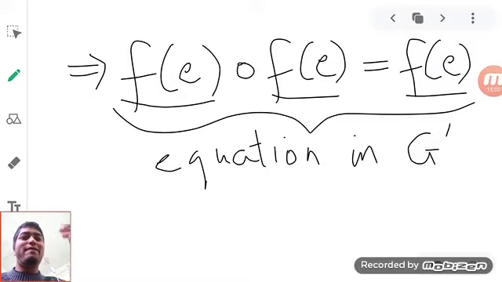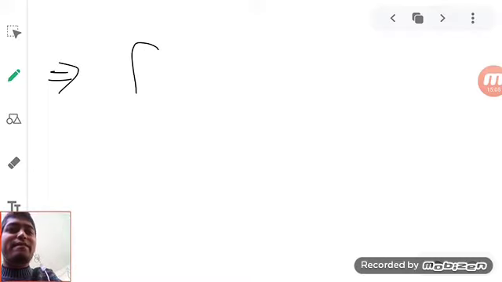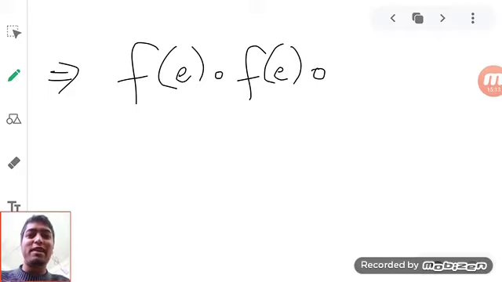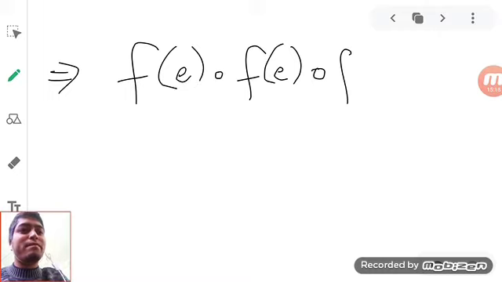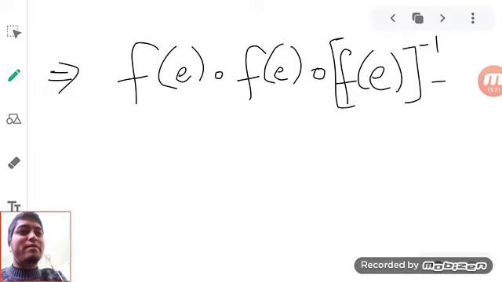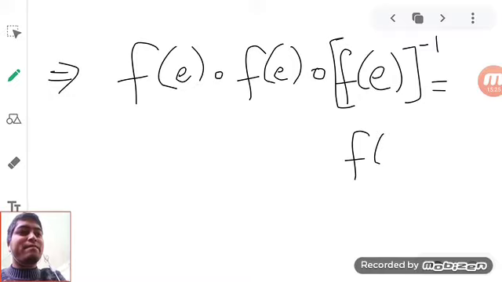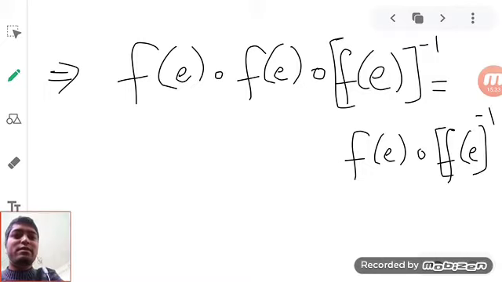So what will I do next? We can multiply by the inverse of F(E), on both sides. Over here, because we are in G dash, it will be O, multiplied by the inverse of F(E). You will have this, and on the right side you have F(E), again O F(E) inverse. So what will we be having?